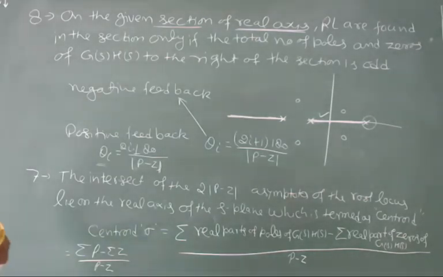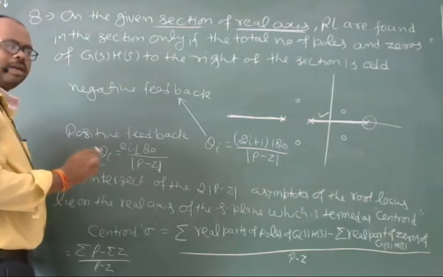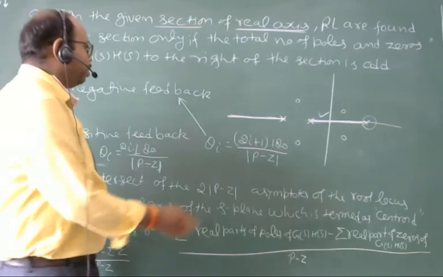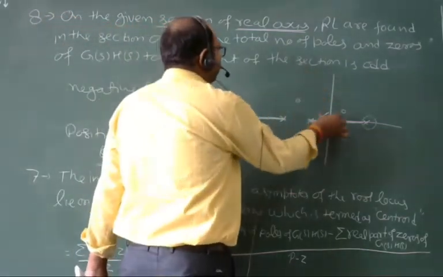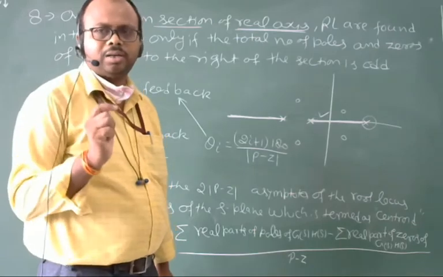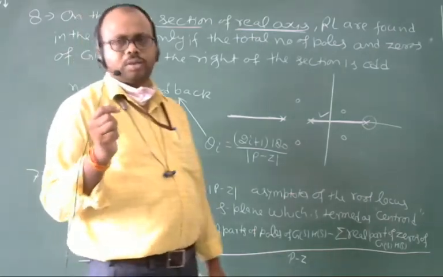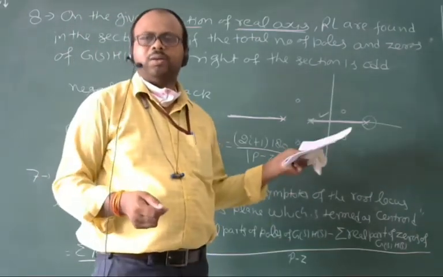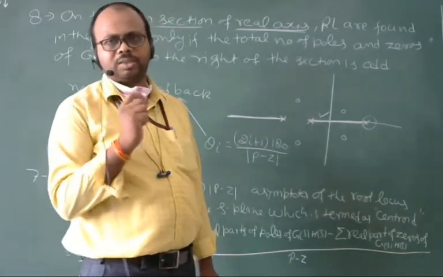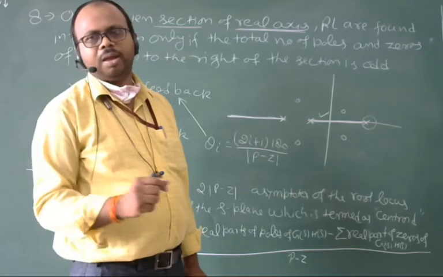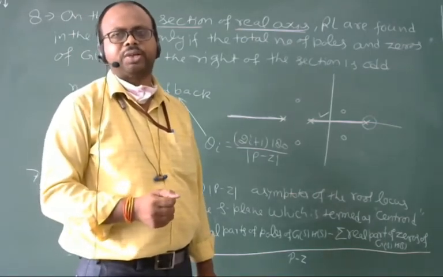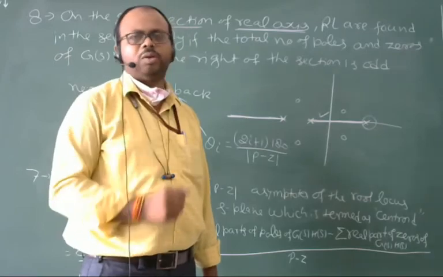So for positive feedback there should be two changes. One, this rule will be reverted: if there is an even number of roots in the right of any section, then root locus will exist in that section, and if the number is odd, then there will not be any root locus.